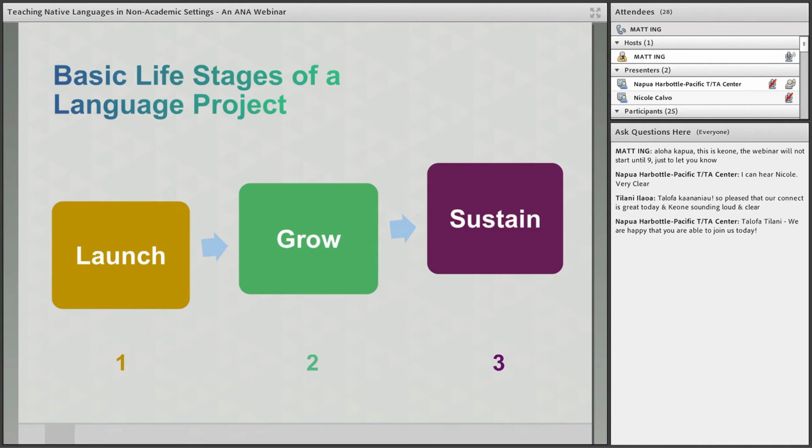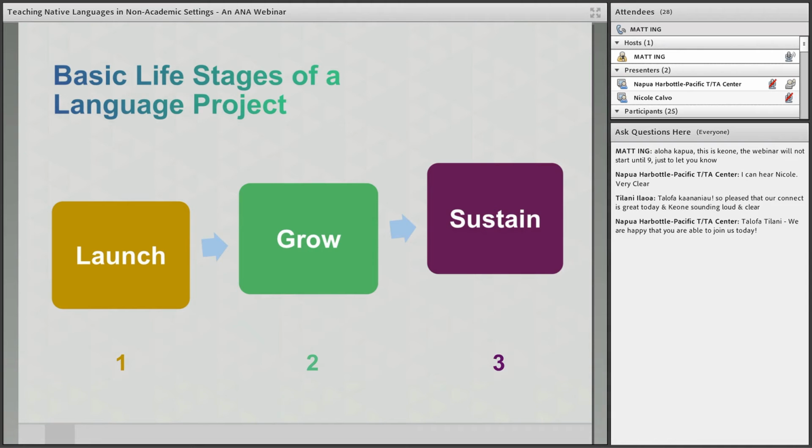The basic stages of a language project starts with the launch. Within this stage, oftentimes things like language assessments are done. This is also the time where the decision is made whether or not you are going to teach a language through native speakers, through second language learning speakers who are very proficient in the language and is also proficient in English.